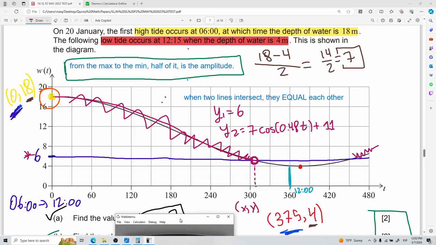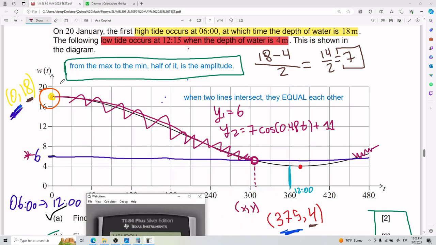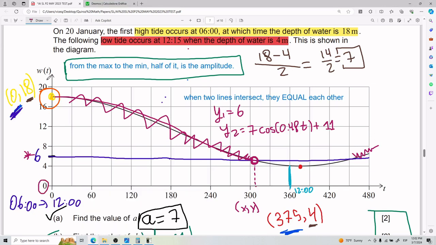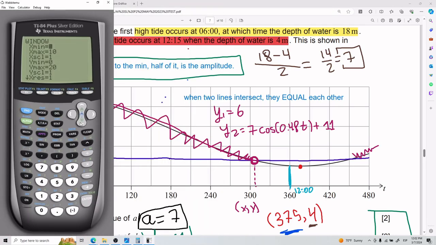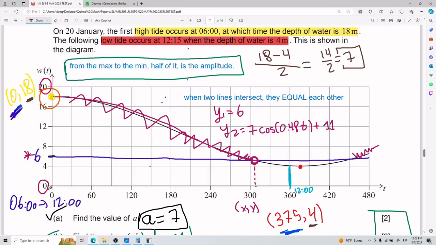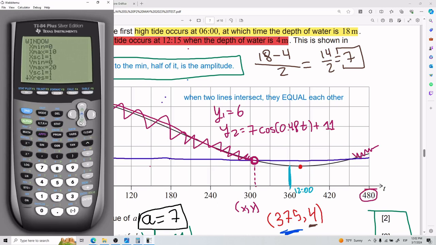So for the window, let's imitate what the problem gives us. We can have a y min of 0 and a y max of 20. And my x values can go from 0 to 480. So let's go ahead and do that, and maybe my graph makes a little more sense.